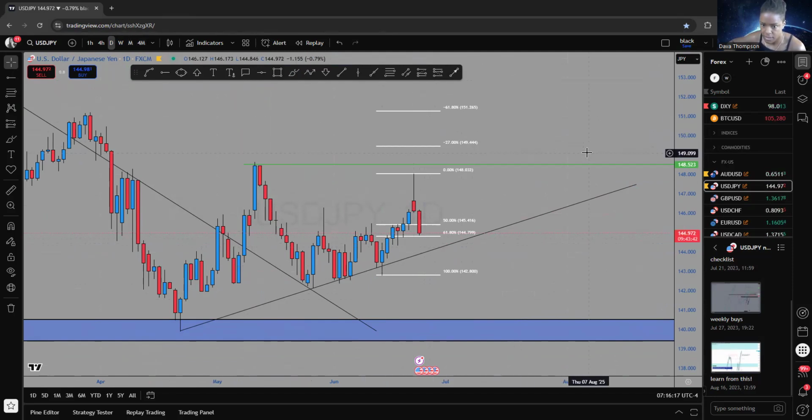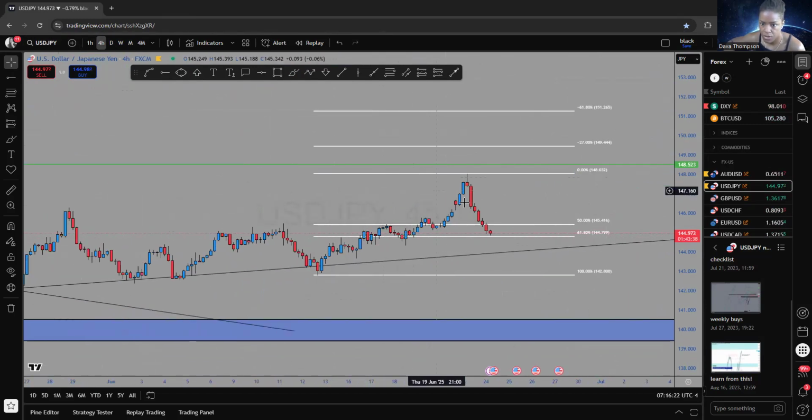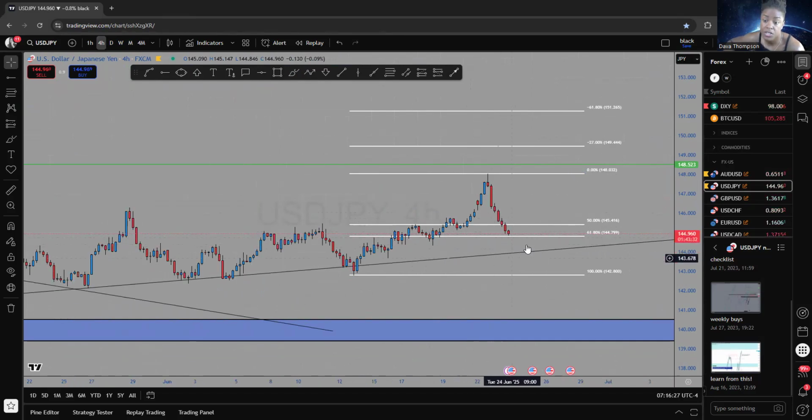gives me some daily bullish candles. There's nothing to put a counter trend line at the moment, but potentially, if the dollar was to actually rise from where it currently is, this could be a potential buy. But if not, all of this is invalidated anyways.